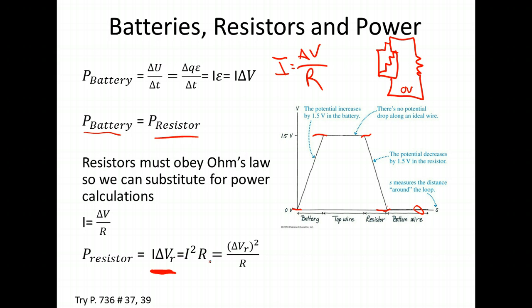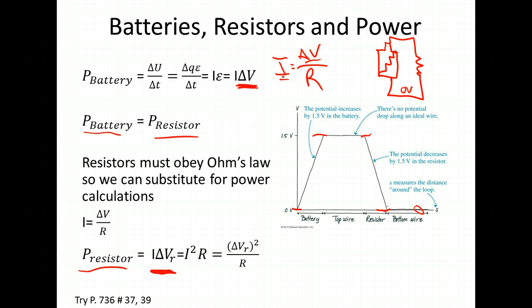And I can get a lot of variations out of that. And so if I want to calculate the power of a resistor, I can use any combination of current and voltage difference and resistance that I have in order to do that through substitution. Right? I've just taken this formula, solved for either V or I, and substituted in those variables.